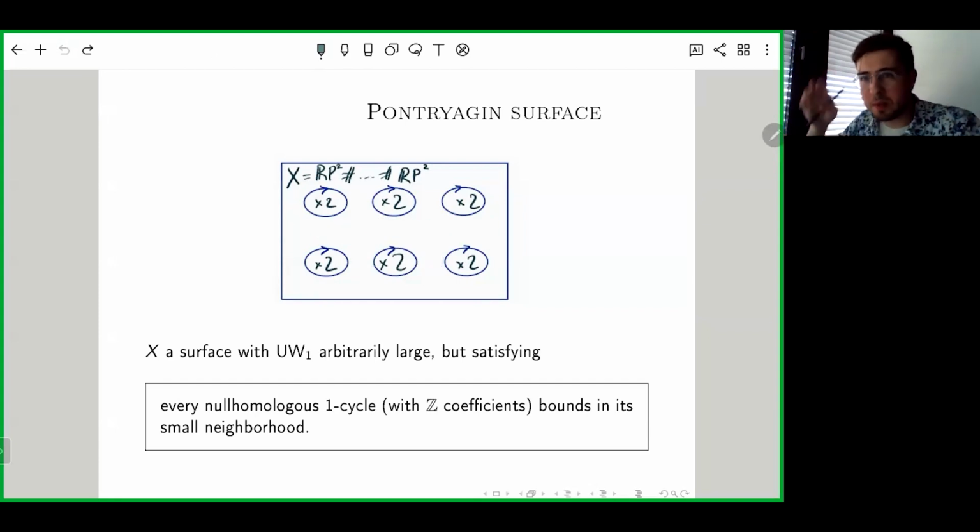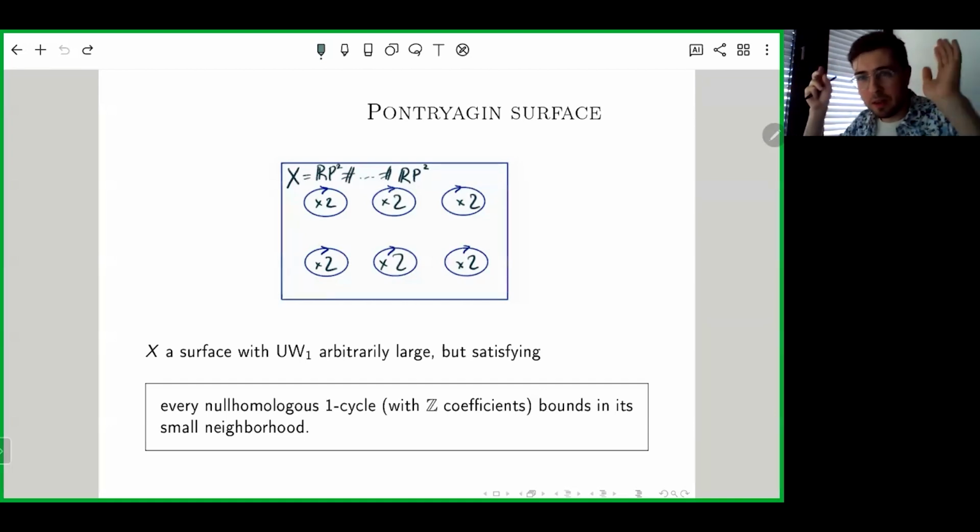You might ask me what happens with other coefficients. Then Pontryagin actually gives examples. Instead of attaching cross caps, you might glue each circle of the boundary of a cutout disk to itself using a map which winds around more than 2 times.